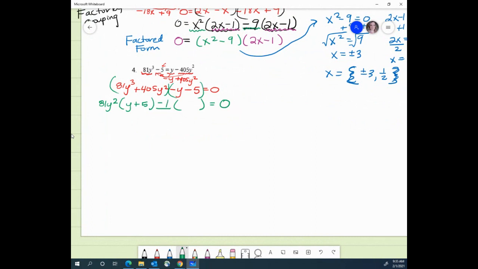And that's just going to be a negative 1, because that will change this to be a y plus 5. All right, remember the outside comes together. 81y squared minus 1. And then my parentheses come together. So here we've got factored form.